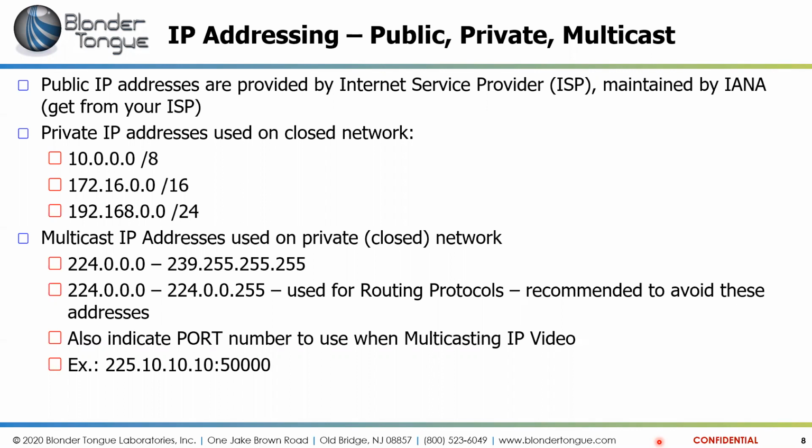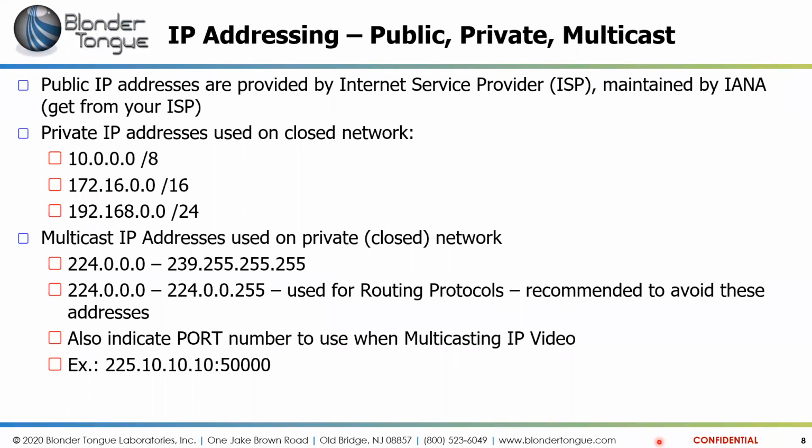The private addresses used on our closed networks, again, are the 10 range, the 172 range, the 192 range. Those are used within our network, within our company, to talk to each other, to talk to our servers, things like that. But then we have to shift through our end router to get out to the world.